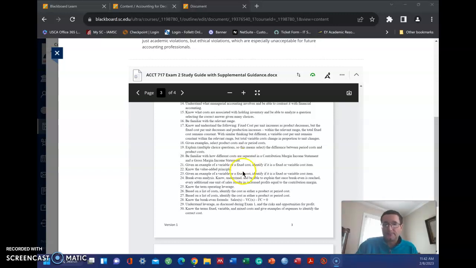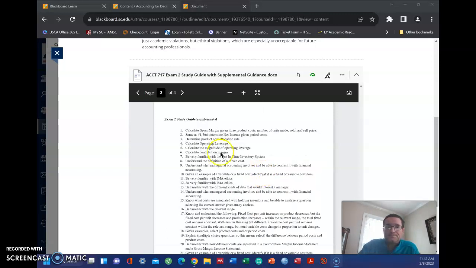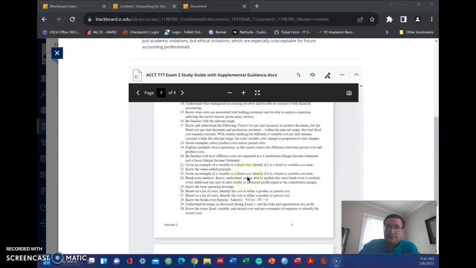Cost, volume, profit analysis, or the break-even analysis, or we plug in, instead of 0 for break-even, we throw in target income. This cost, volume, profit analysis lets us also look at operating leverage, the magnitude of operating leverage, break-even, target profit, margin of safety. So it's essential to understand the contribution margin income statement, but keep in mind gross margin is what is used for external reporting or GAAP.